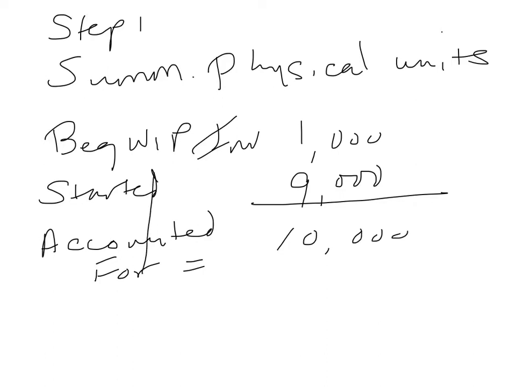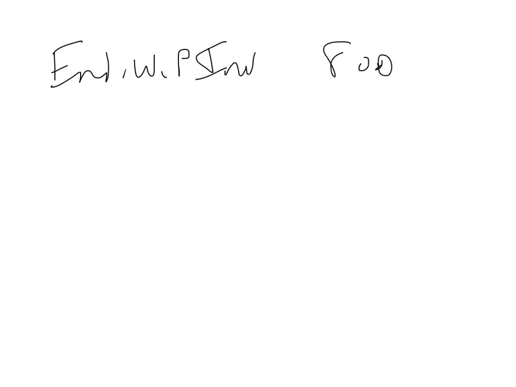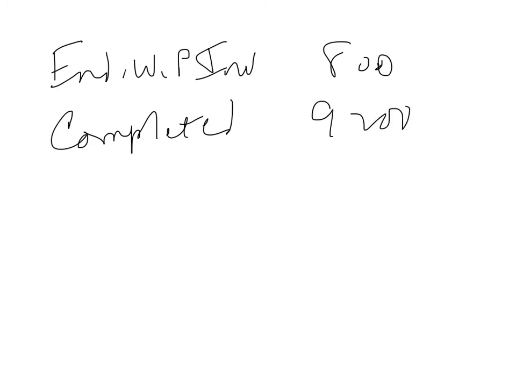Then, essentially, we're going to do our ending WIP inventory of 800, and our units completed of 9,200 to get to 10,000 as accounted for.